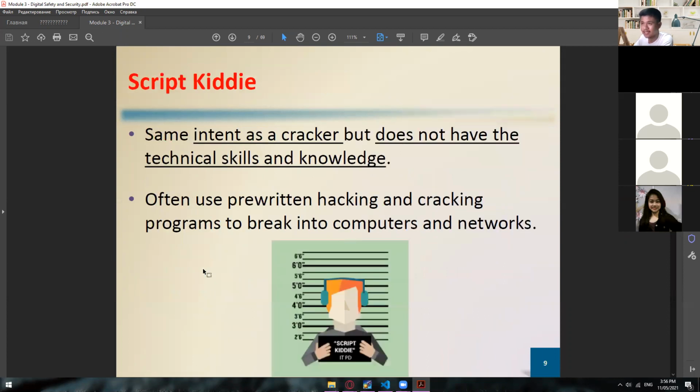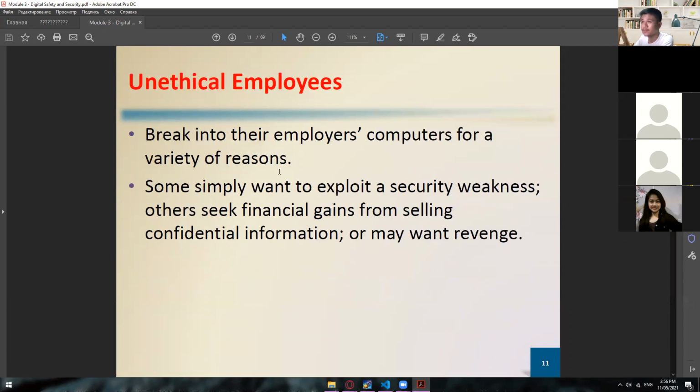You could say that it's under a cracker. And we also have unethical employees. They break into their employers' computers for a variety of reasons. Some simply want to exploit a security weakness, and others seek financial gain from selling confidential information or may want revenge. So when you see unethical employees, those are the people who may simply want revenge.